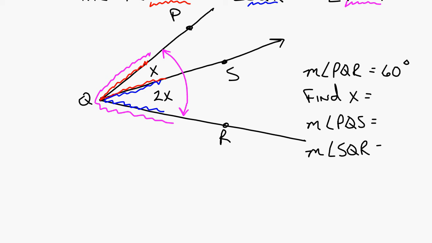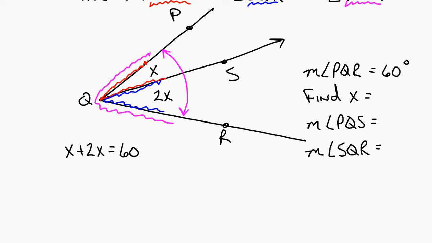You can do that by setting up an equation, right? In this case, purple is 60. So your equation would be x plus 2x equals 60 degrees. The red angle plus the blue angle equals the purple angle. And you're told that the purple was 60.